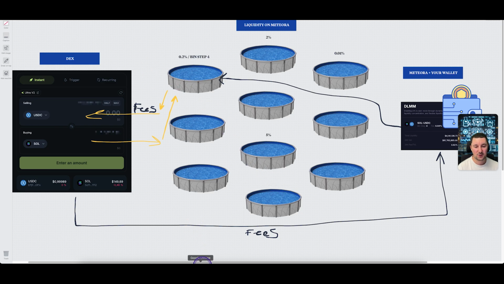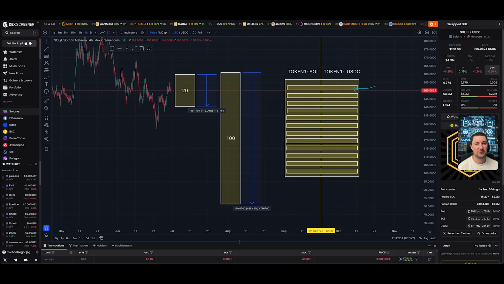So let's try to understand more deeply what these ranges are. For example, you want to provide liquidity in a range of 20, which is 12%, for example. This means that in this range, you put all your liquidity. So you can provide SOL and USDC in a different ratio to earn fees.